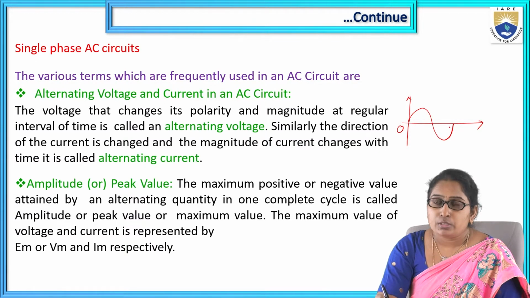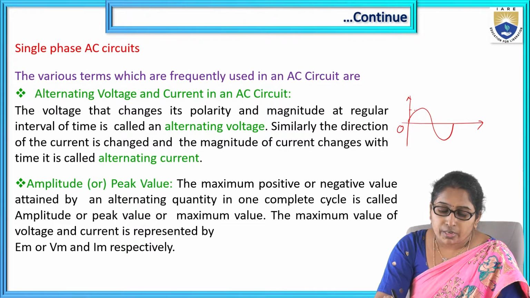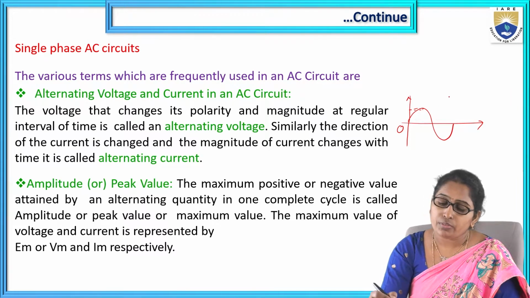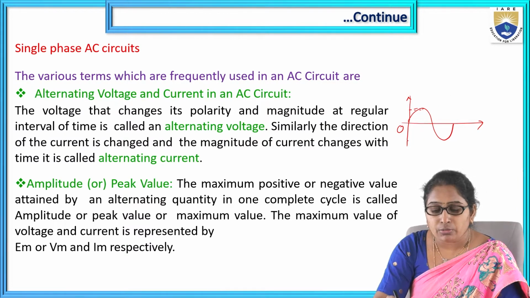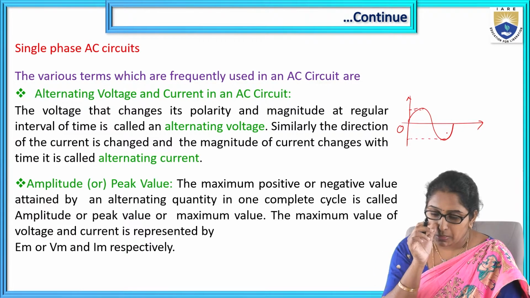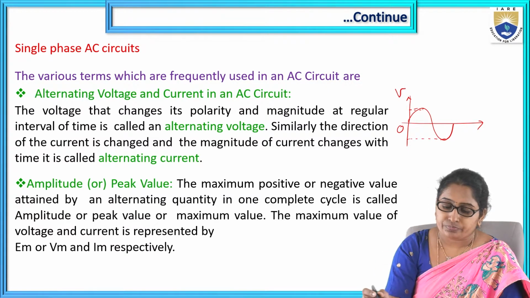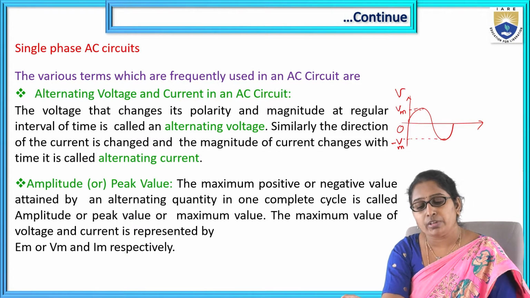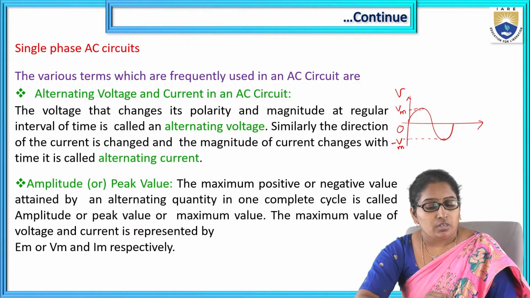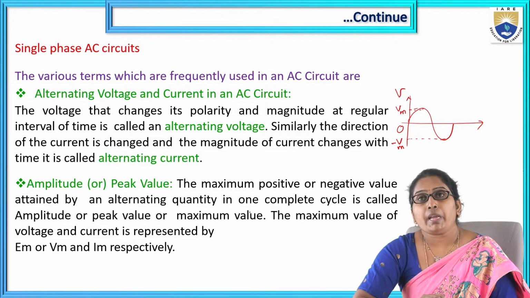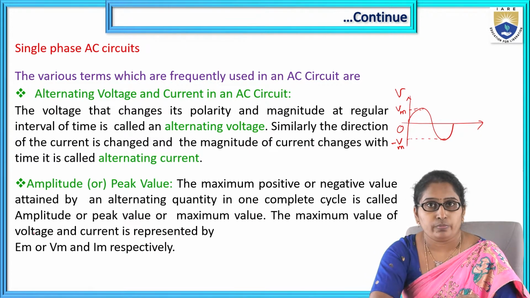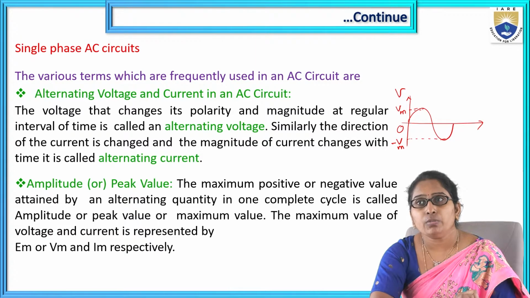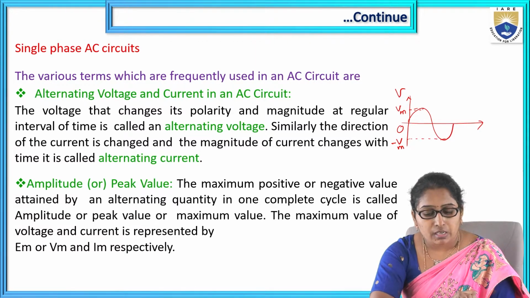The maximum positive value is the peak value, and in the negative area also there is a negative peak. If it is a voltage wave, the positive peak is plus Vm and the negative maximum is minus Vm, attained by the alternating quantity in one complete cycle.